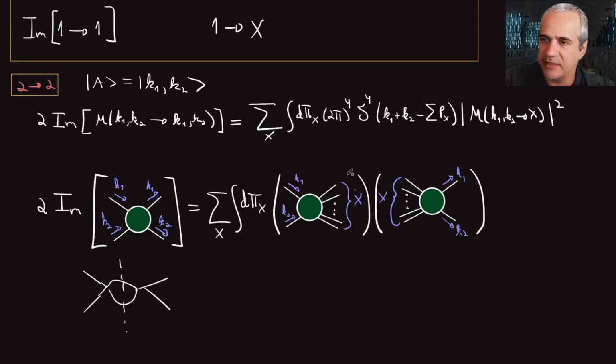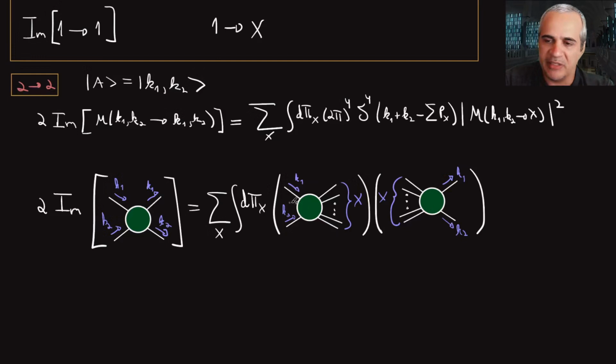All these X states are on shell in these scattering amplitudes. And this sum over X means that I'm doing these cuts in all possible ways. And what does possible mean? Possible means that the scatterings on the right-hand side are not zero.